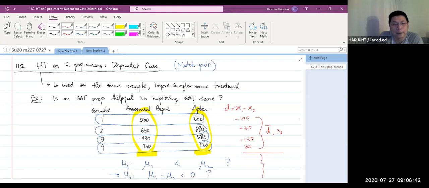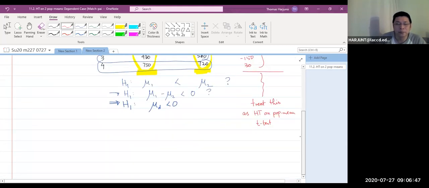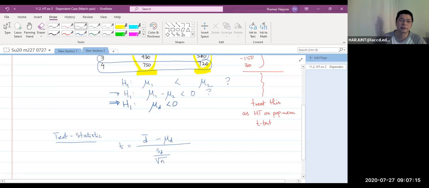And how about the test statistic? That will be t equals d bar minus mu d, over the standard deviation of the differences over the square root of the sample size.